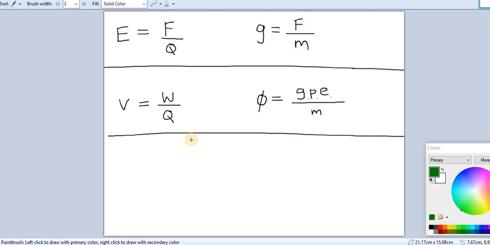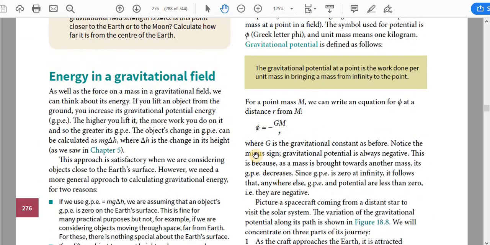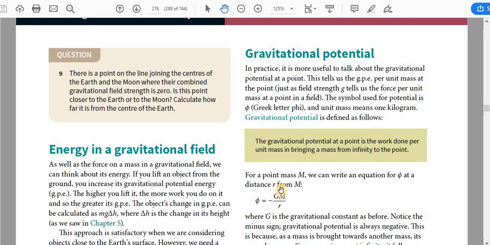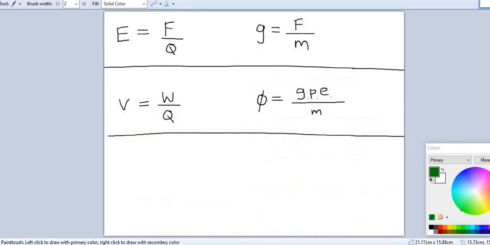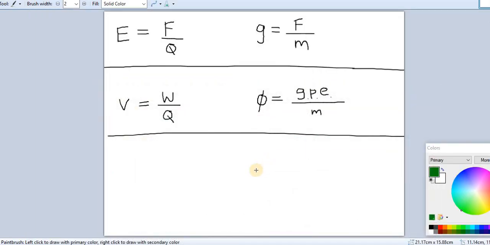When it comes to electric fields we divide by charge, and in the case of gravitational fields we are dividing by mass. Now you can see this is the definition. But if you look at the equation they have given for electric potential, you don't see anything about gravitational potential energy divided by the mass. For gravitational potential, this is the equation they have given, so you don't see a mass division here, but I will show you to help you understand it better.